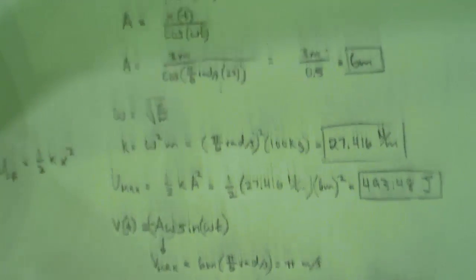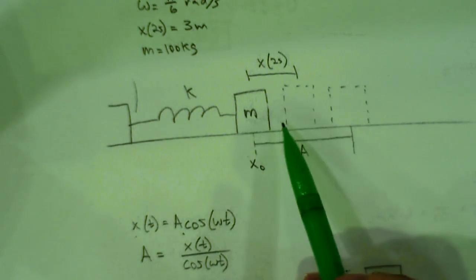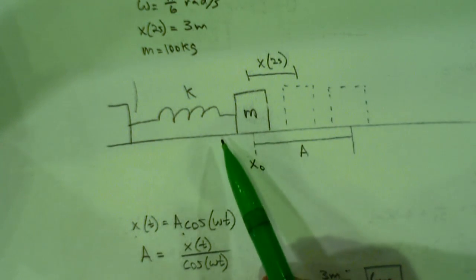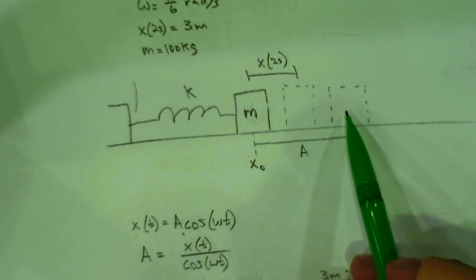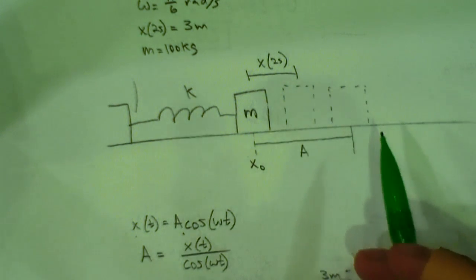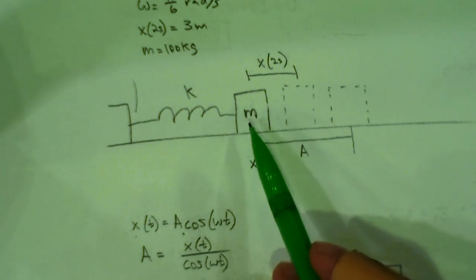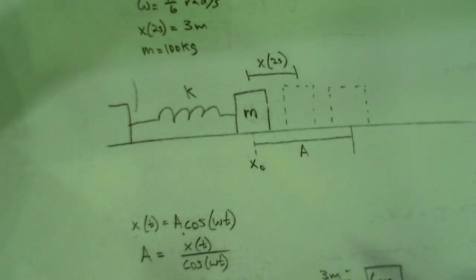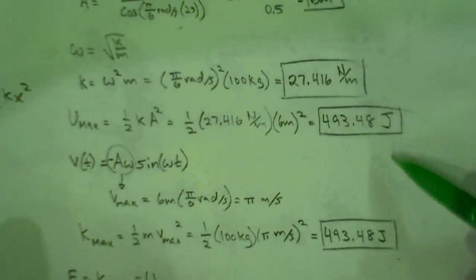So all that's happening in this system is the energy is being transferred from potential to kinetic. So over here, we have maximum potential, and we have no kinetic because it's at rest, right? And when it's passing through the equilibrium, we have maximum kinetic, but no potential because it's not being stretched or compressed. So that's why, in the end, when you do this calculation, you'll get the same exact value here.